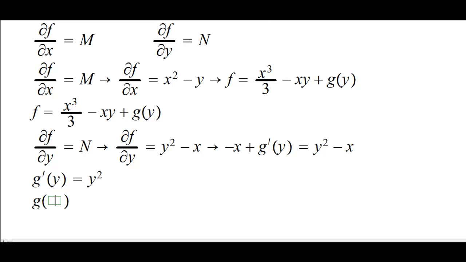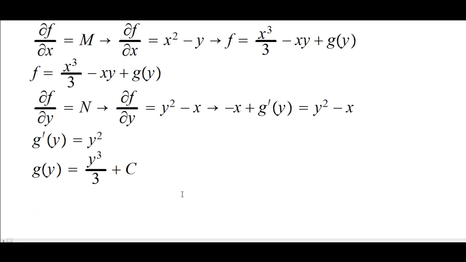So my g(y) will be the antiderivative of y squared with respect to y: y cubed over 3. Those of you who took multivariable calculus, remember when you were finding the potential function, you used a similar technique. And those of you who did not take multivariable, it's okay. When you take it, at that time you'll see it.